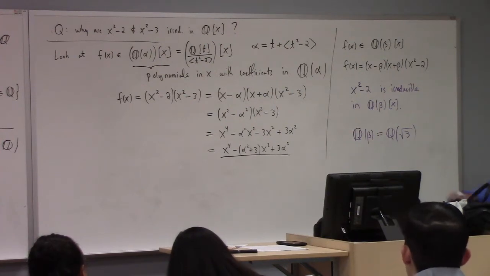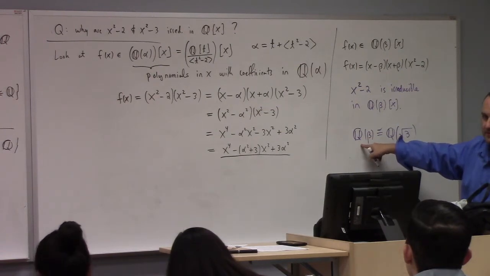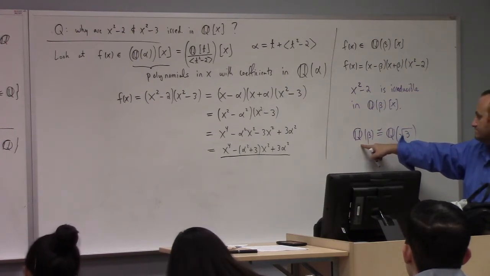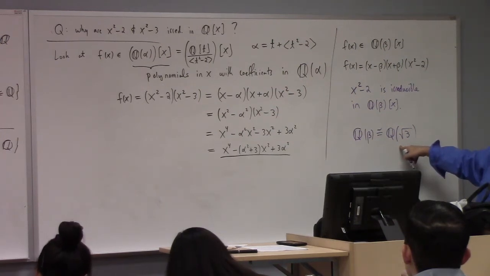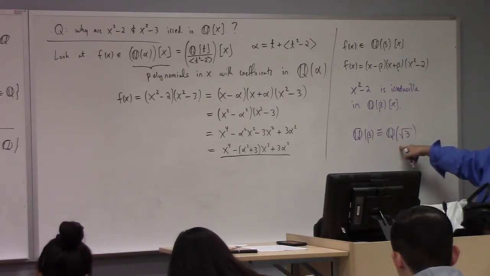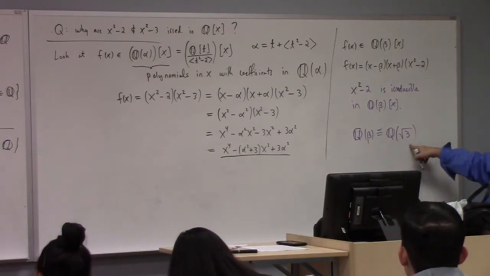Now, if you want me to be fussy, this is only up to isomorphism because technically this is a factor ring where we're forming a factor ring by quotienting by the principal ideal generated by x squared minus 3, whereas this is a subfield of the real numbers. Well, I'd really like to stop distinguishing between these things and just say that these are equal, so as not to go nuts. All right?